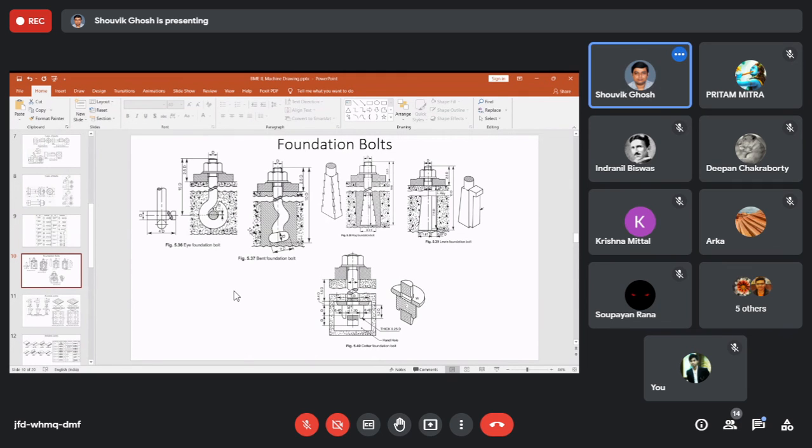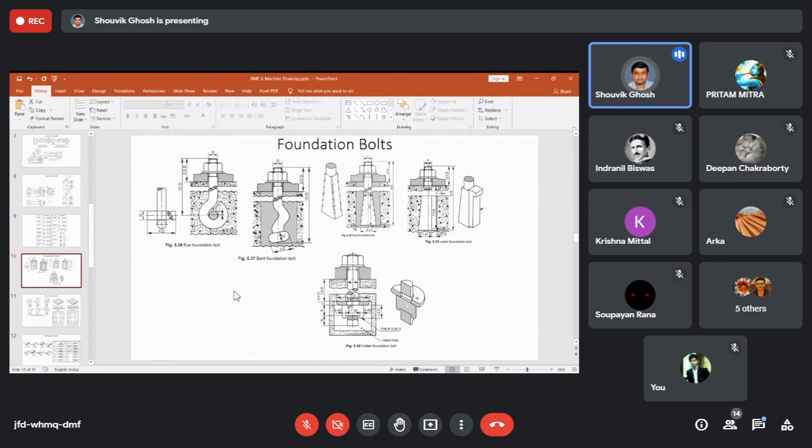The same is done for the bent foundation bolt. As you can see given over here: rag foundation bolt, Lewis foundation bolt, and Potter foundation bolt. The main difference between the Lewis and Potter foundation bolts and the rest is that the initial three are only placed in the concrete and screwed.